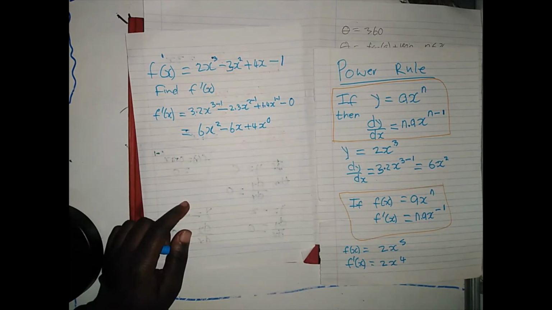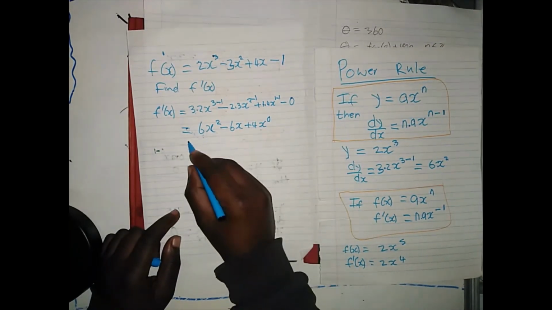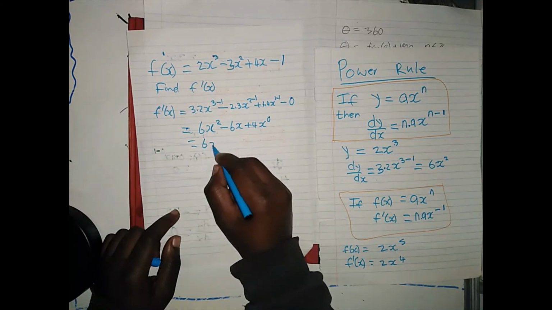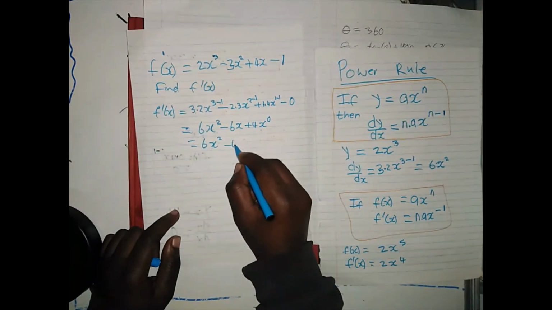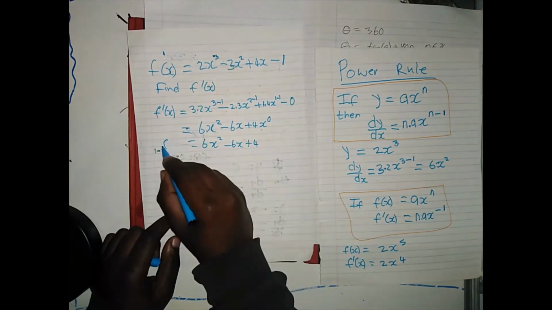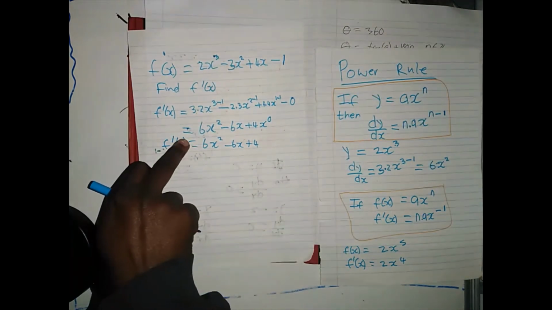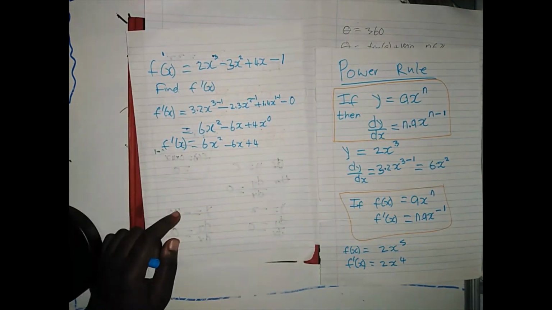And obviously anything to the power 0 is 1. So this then becomes 6x squared minus 6x plus 4. So this is f prime of x, of this function.